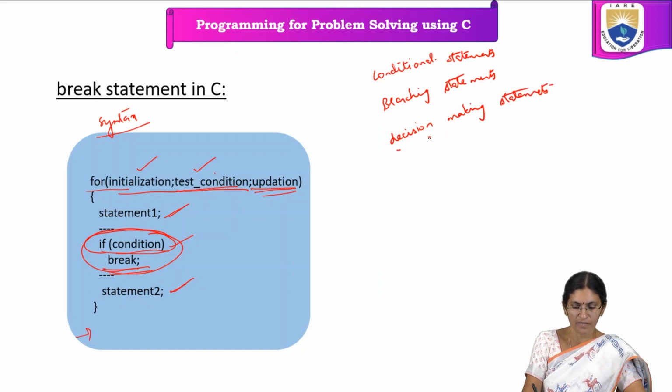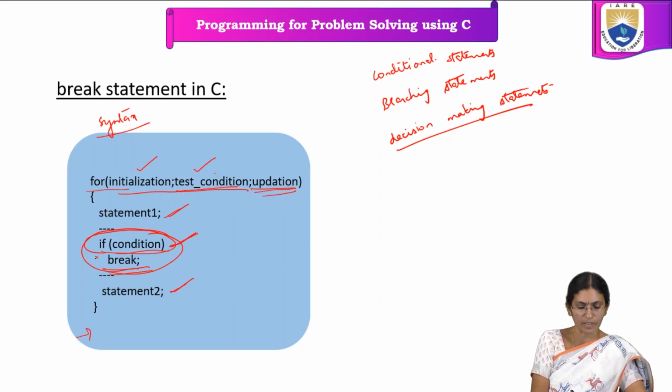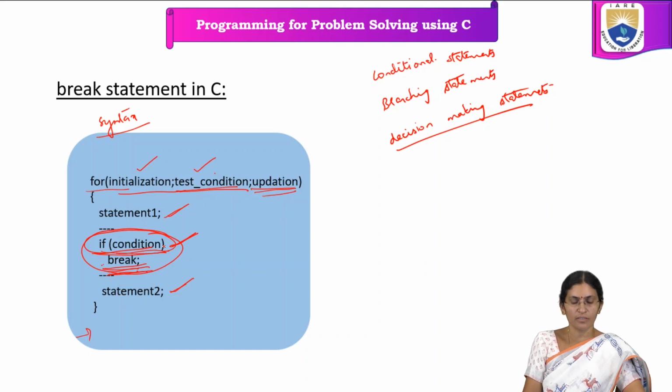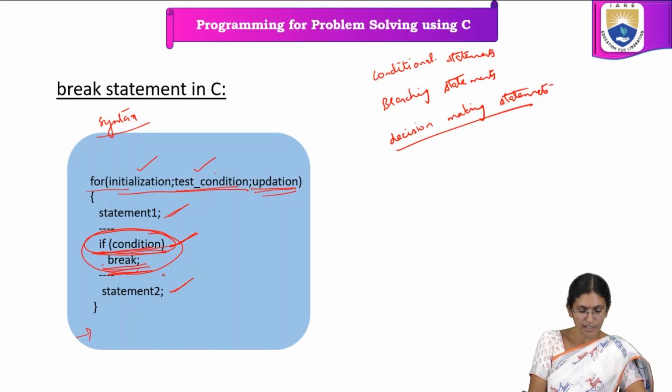Here we will be using a conditional or decision making statement like simple if. Whenever we need to make use of this break statement, or whenever we need to break out of the loop or terminate the loop, we use break along with the decision making statement if, followed by a condition.